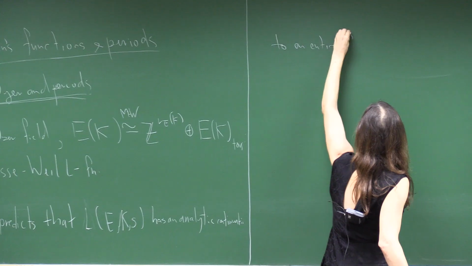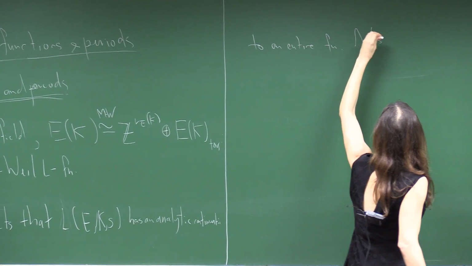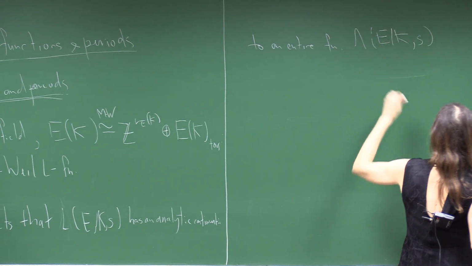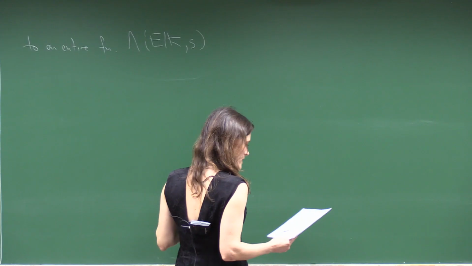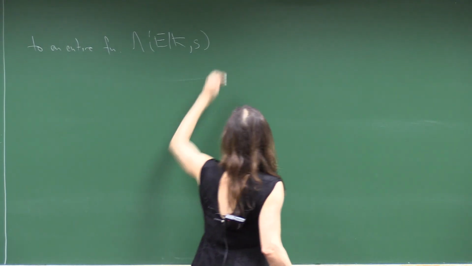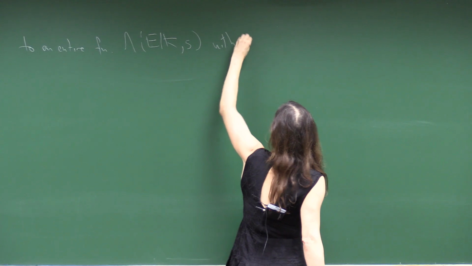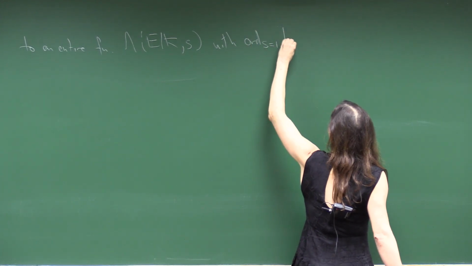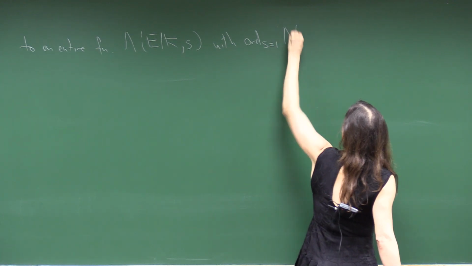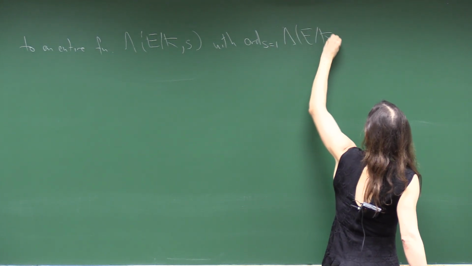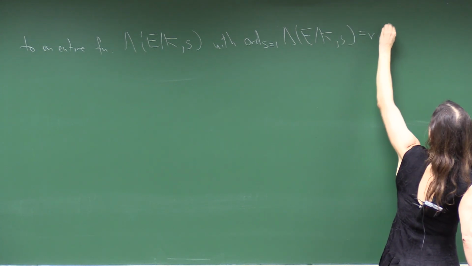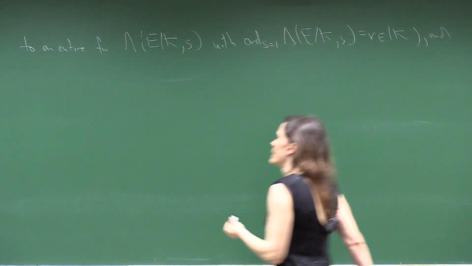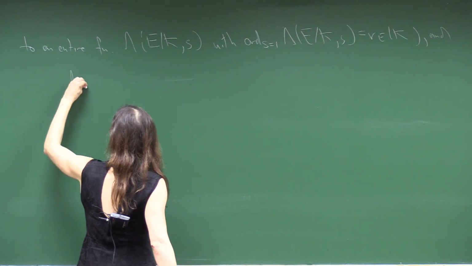Let me call that lambda, which satisfies a functional equation, etc., but with order of vanishing at the central point, which we take to be 1/2 in the classical normalization, is equal to the rank, and actually that the leading term in the Taylor series expansion around s equals 1.